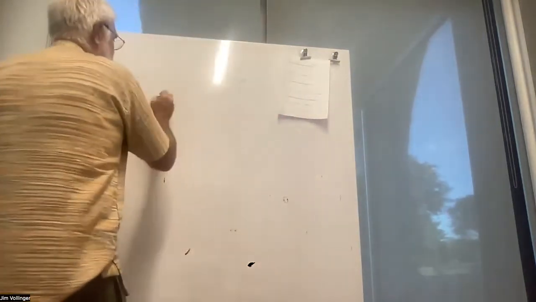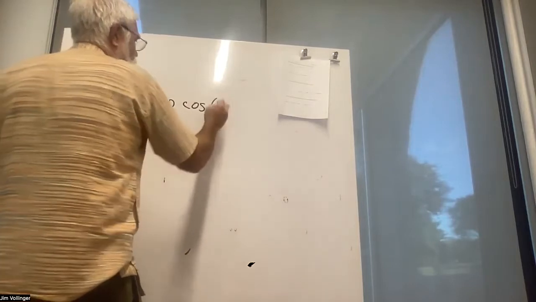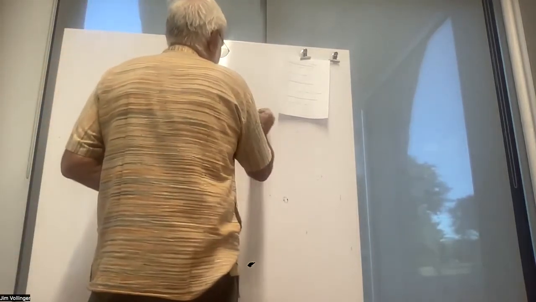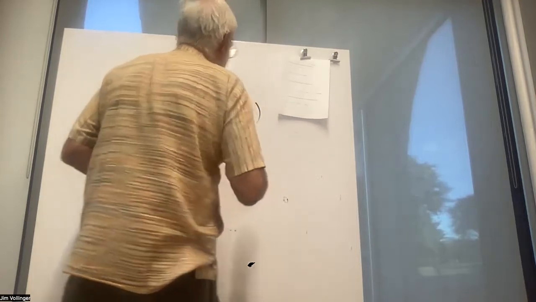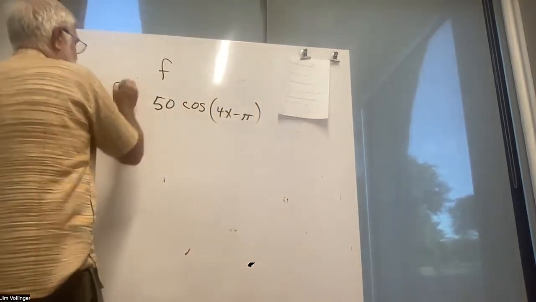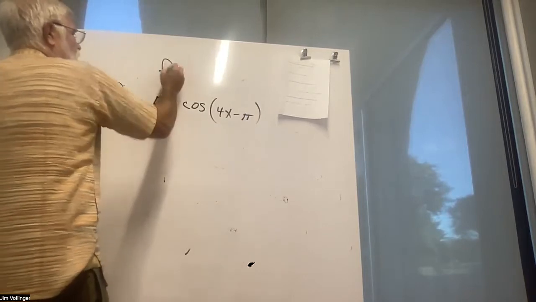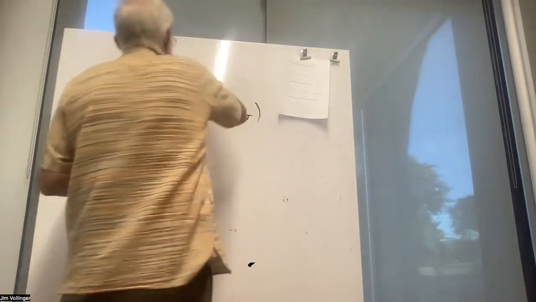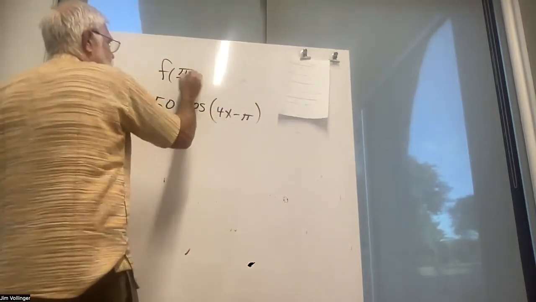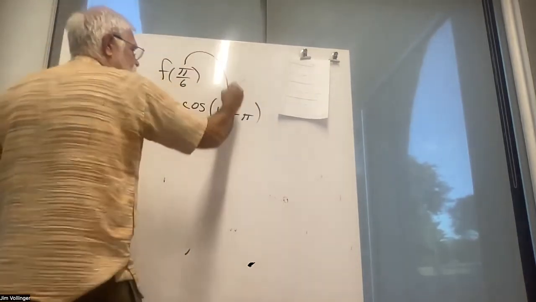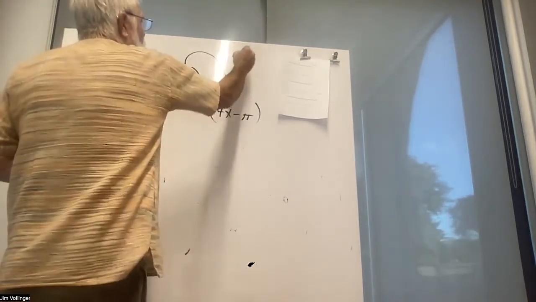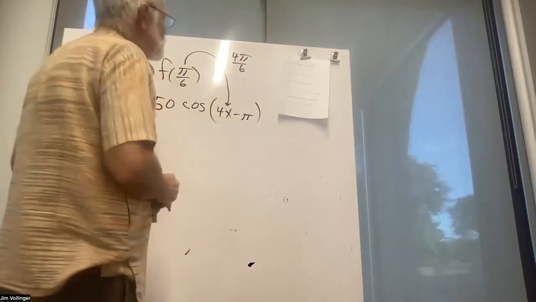50 cosine 4x minus pi. Some of you got to this yesterday. We want to find f of pi over 6, where f of x is this. So we're going to take pi over 6 and multiply it times 4. 4 pi over 6 looks like 2 pi over 3.